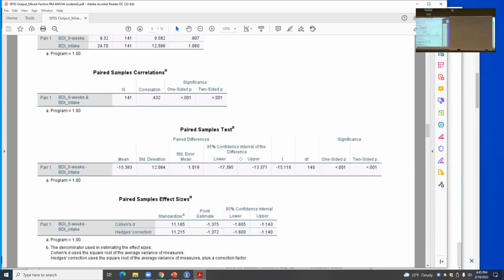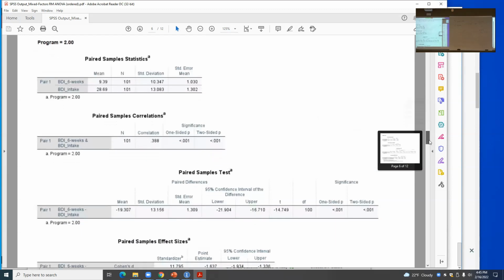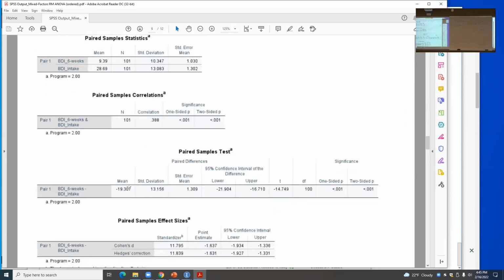What I can do is look at the confidence bound. I'm not running these paired sample t's for the p-value. I'm running them so that SPSS gives me the average reduction in scores and the confidence bounds around that. And in the new version of SPSS, it gives me my effect size here. So I've got that for program 1, and another one for program 2.